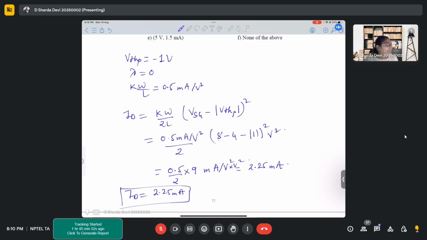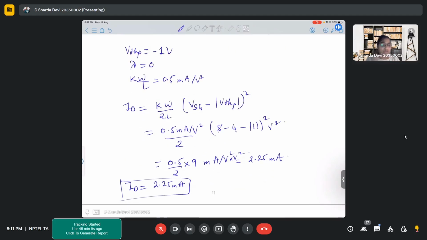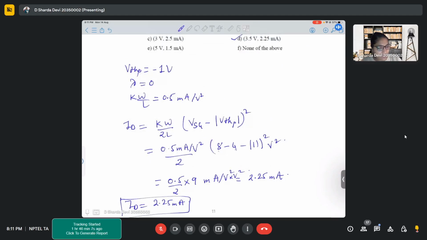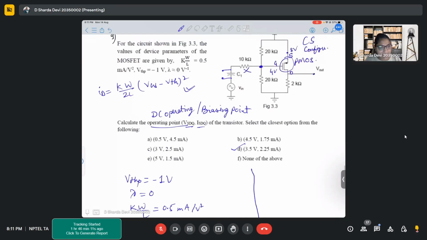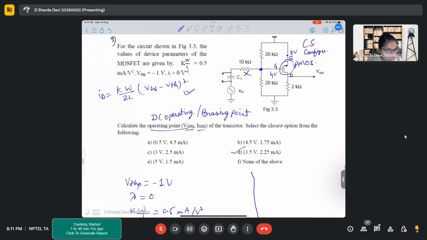We've got ID, right? So first of all, 2.25 milliamps, we only have one option with 2.25, so we can simply go ahead and take option D. But just to be sure, let's also solve for VSD here. How do we get VSD or VD?